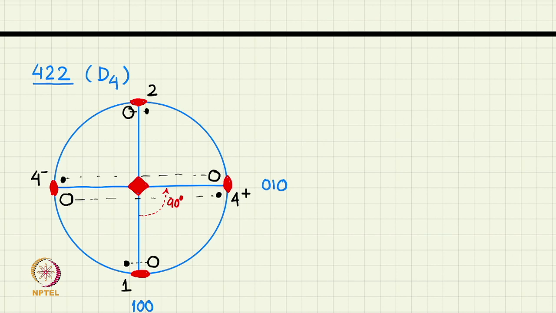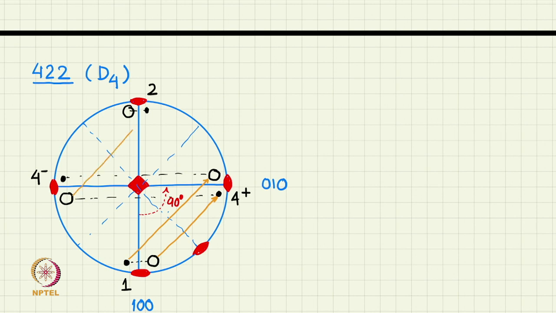However, if you now look at the 45 degree line, the bisector of these two twofolds at 90 degree, they also emerge as twofold, because you can see that these 2 points can be rotated to each other by 180 degree rotation about this new twofold.